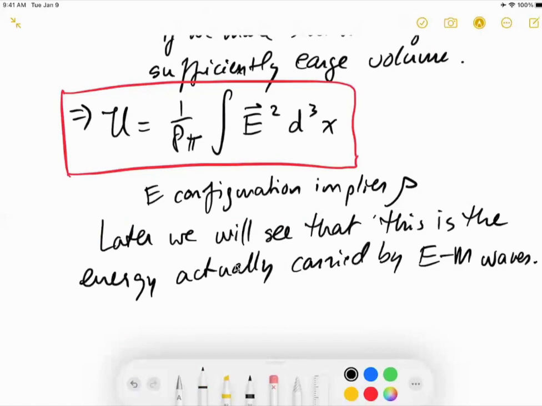And of course, there we usually can talk about the energy carried by an electromagnetic wave without considering the fact that they were generated at some point. We just say, hey, there's some energy and it's flowing from one place to another. And this is the energy density, and it's given by the electric field squared.